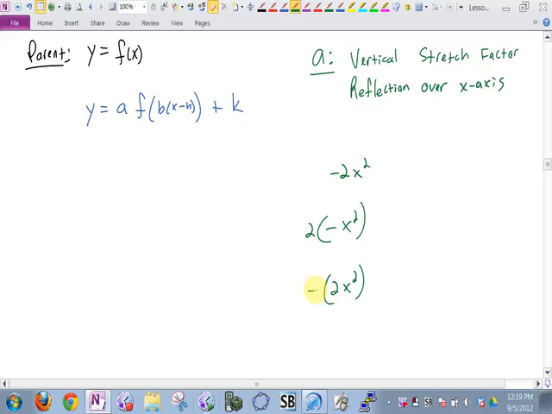We'll talk, horizontals get a little bit weird, so we'll see. In general, I've never seen a case where it matters whether you reflect or stretch first.